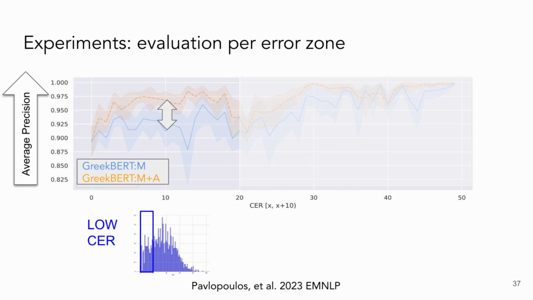And low character error lines, on the other hand, suggest a different picture. So low character error rate means small differences, few characters between the two types, flawless and flawed, and this makes the classification task far more difficult. So in this zone, further pre-training on ancient Greek had a bigger impact compared to zones with higher error rate.